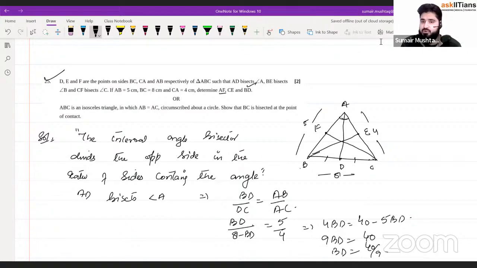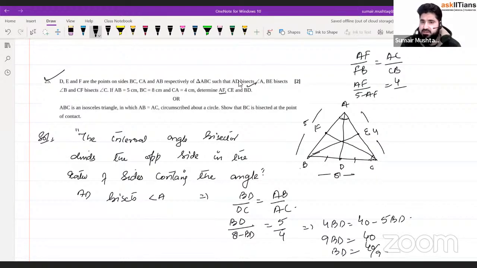For AF, you can take this angle C, because all of them are angle bisectors. For this angle bisector, I will take AF over FB is equal to AC over CB, and AF can be written as it is, and FB can be taken as 5 minus AF. This is equal to, what is AC? That is 4.